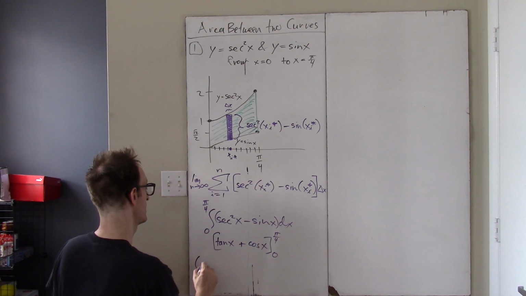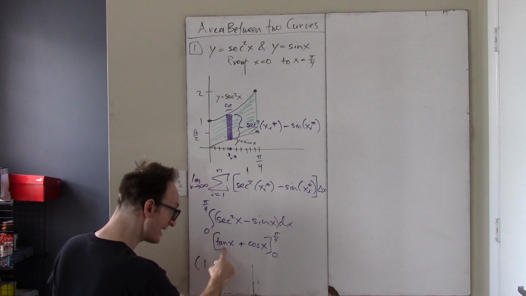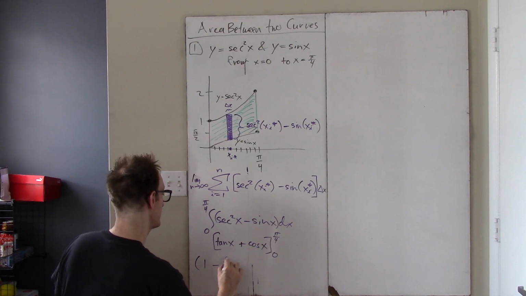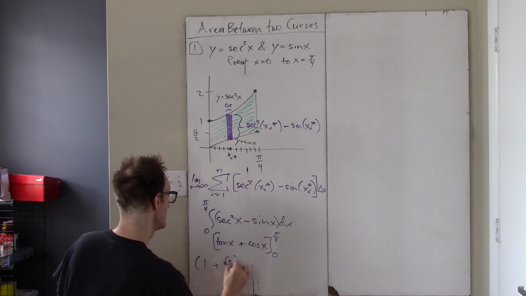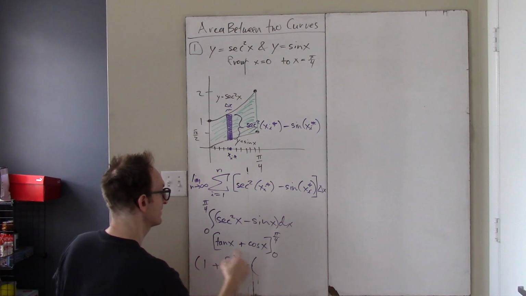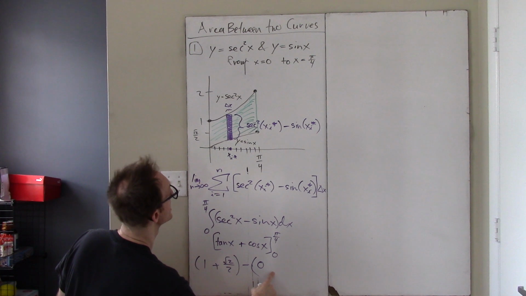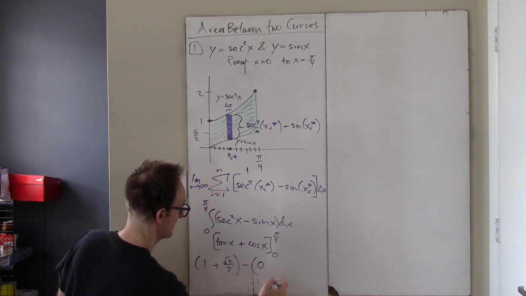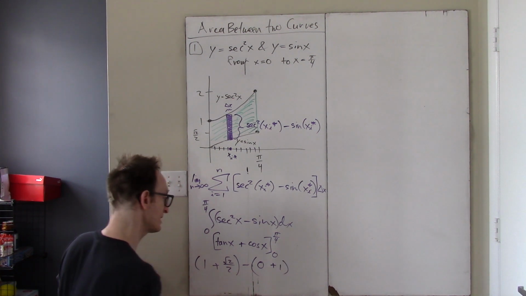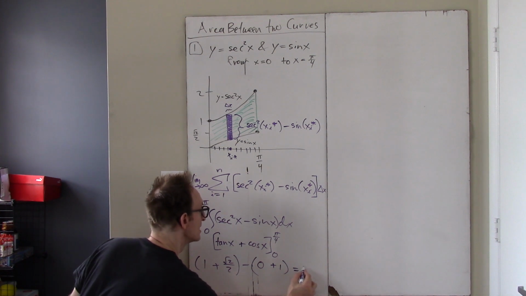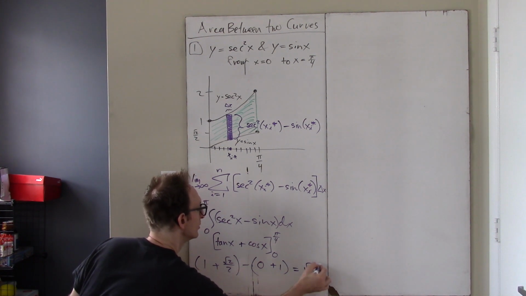Tan of pi over 4 is 1. Cosine of pi over 4 is root 2 over 2. That's a plus. And then minus tan of 0, which is 0, and cosine of 0 is 1. So the overall answer is just root 2 over 2.